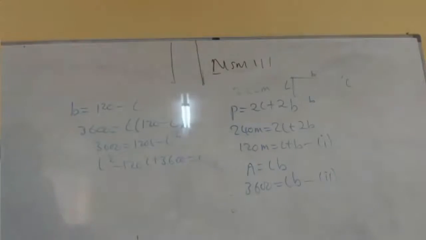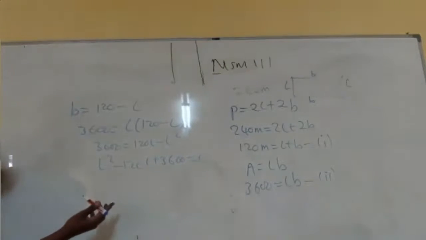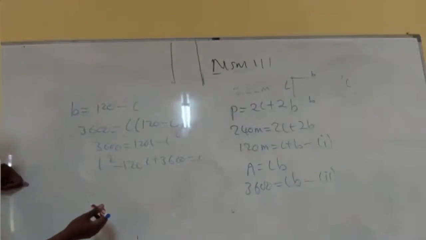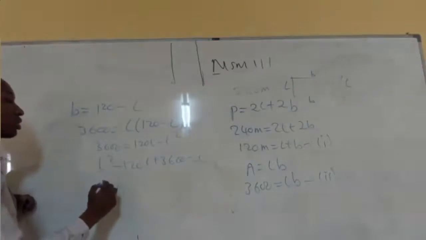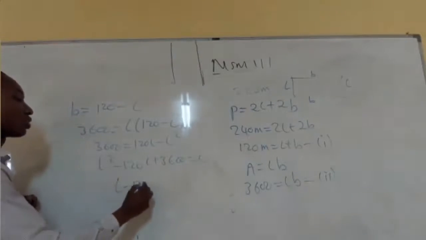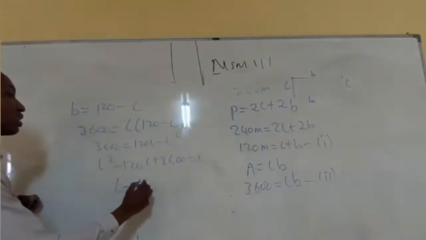Let's say we use, in my case, completing the square. This is going to be L minus 120. Okay, so half of 120 is 60.